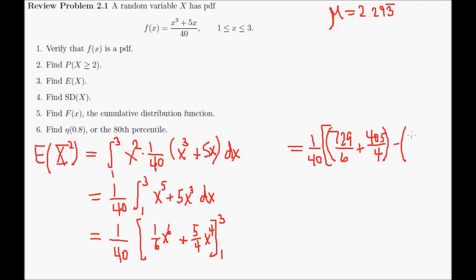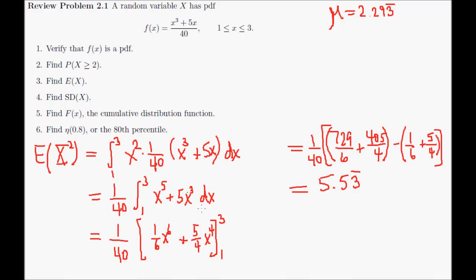Plugging in 1, we get 1/6 plus 5/4. And then plugging into the calculator, we get that this is equal to 5.53 bar. So that is the expected value of x squared.